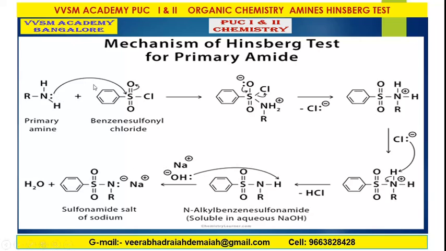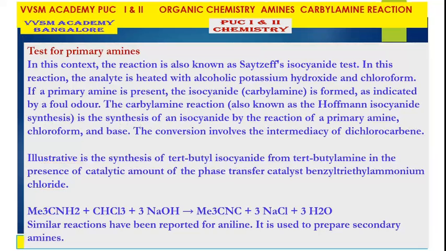Here the electron transfer occurs, and these are the mechanisms of this one, where delocalization of electrons occurs, with the elimination of chlorine and then hydrogen chloride, and the alkyl benzenesulfonamide, soluble in aqueous sodium hydroxide, gives the sodium salt of sulfonamide along with water. This is the brief mechanism of the Hinsberg test for primary amine.